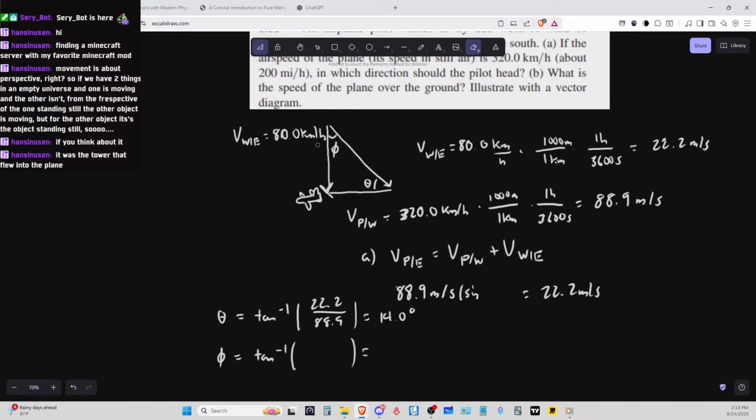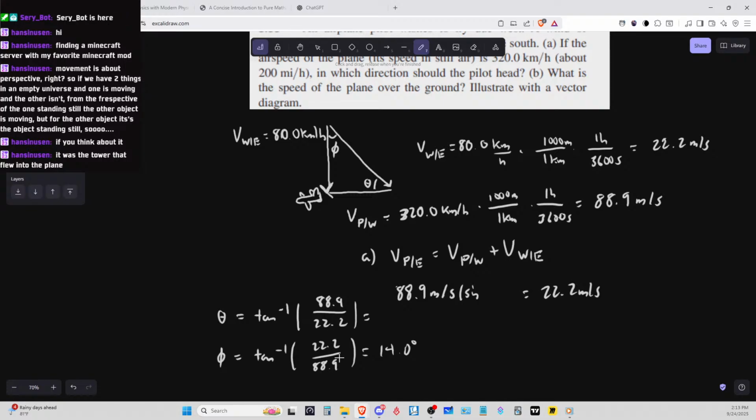Did I mix it up? Oh yeah, I did mix it up. So theta is supposed to be right here. So this is fine because we took this one.